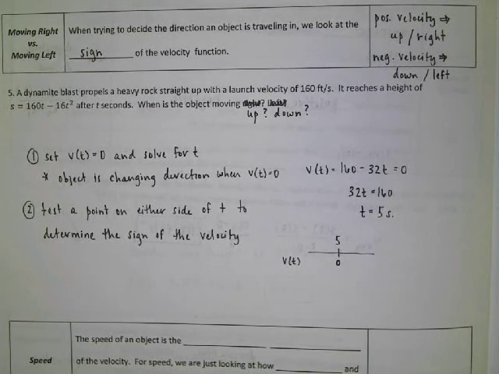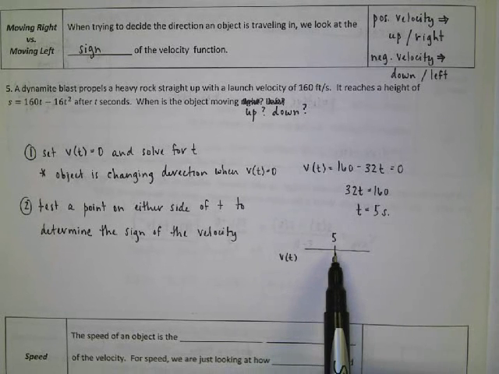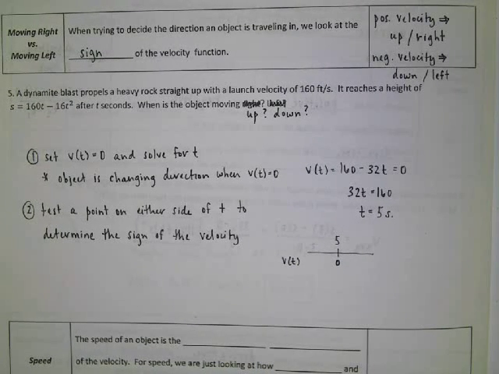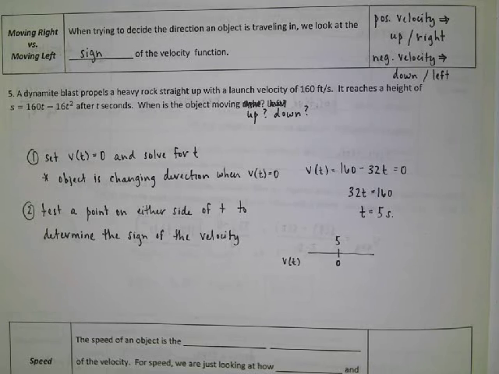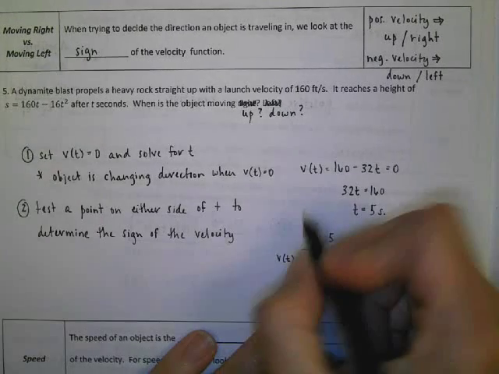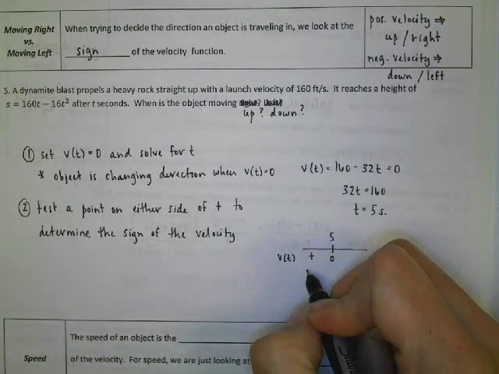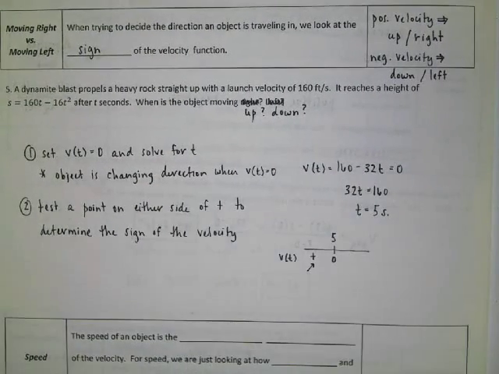Now, intuitively, we already know when it's moving up and down by that kind of initial sketch we did. But just to illustrate what's happening here, let's say the value t equals 3 is to the left of 5. If I were to plug in 3 into my velocity function, I would get a positive value for velocity, which means my object is moving up.